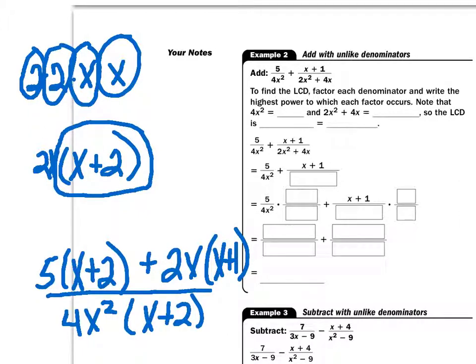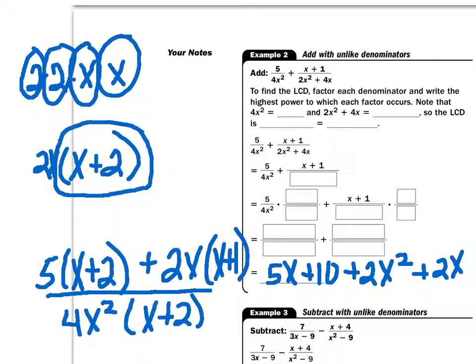All right, almost there now. Now, the top can be simplified a little bit more, so I'm going to go ahead and multiply it out and collect like terms. So I'll have 5x plus 10 plus 2x squared plus 2x.